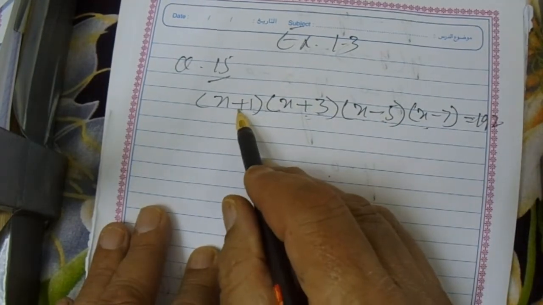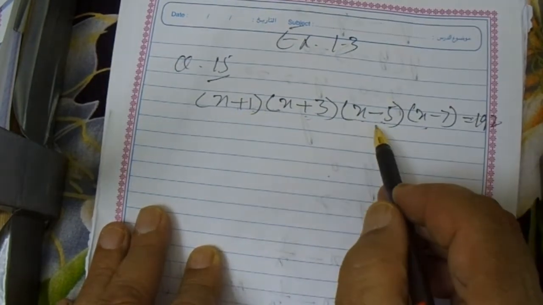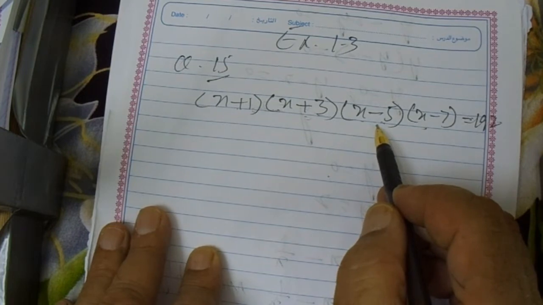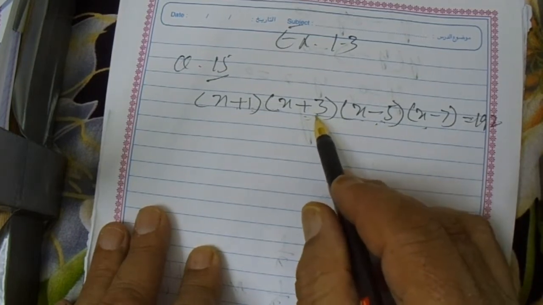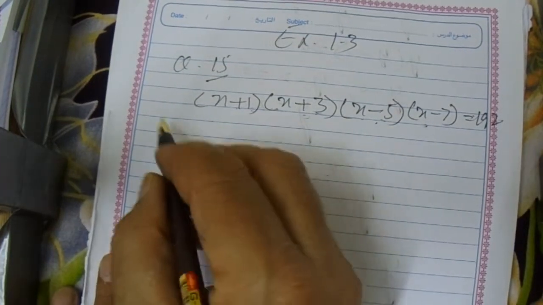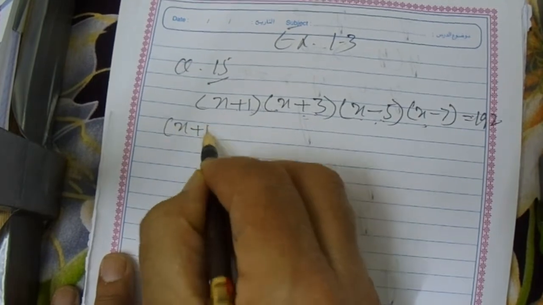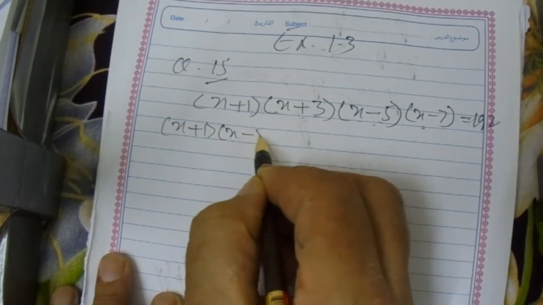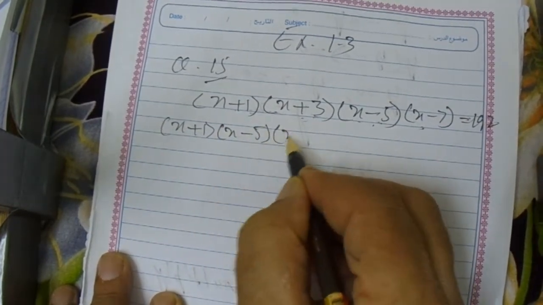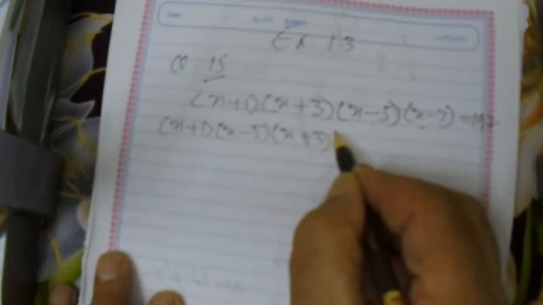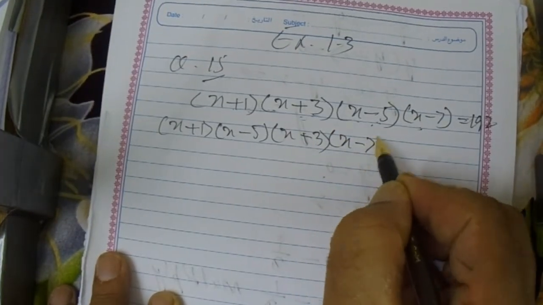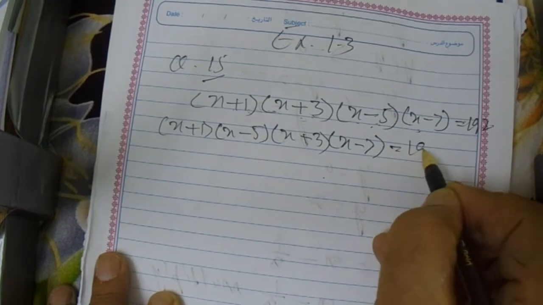If we multiply this factor with x minus 5, we get the first two terms the same in this and this. We rearrange this: (x + 1)(x - 5)(x + 3)(x - 7) is equal to 192.